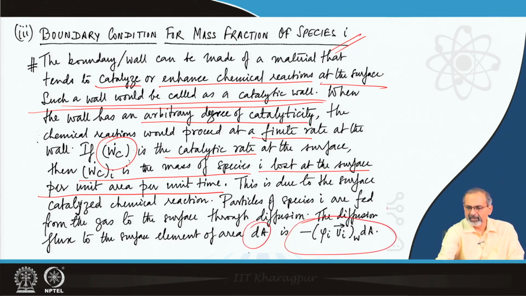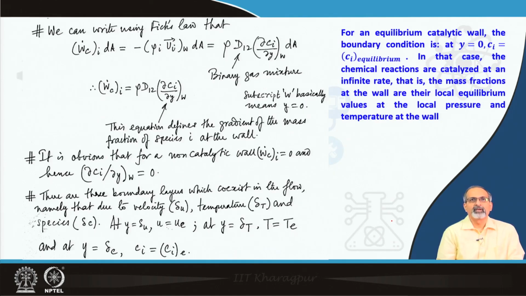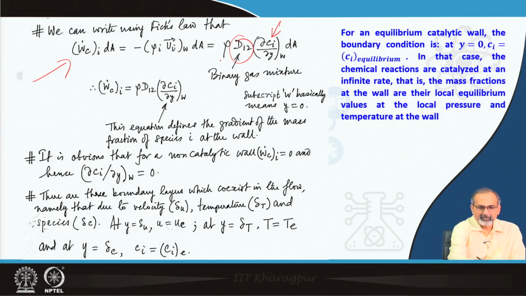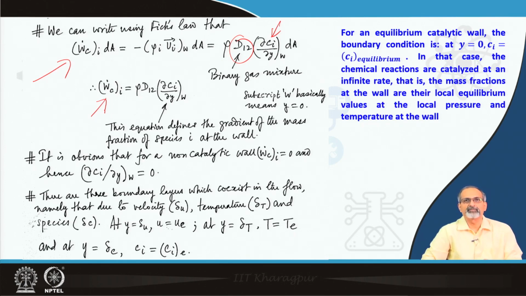The negative sign is associated with a downward movement of the diffusing species towards the wall, and then we can invoke Fick's law to write it in this form, where the gradient of c gets involved. This being a binary gas mixture, we bring in the diffusion coefficient D12, and thereby we end up getting an expression for the w dot c for a particular species i.